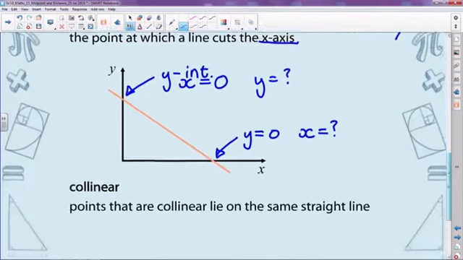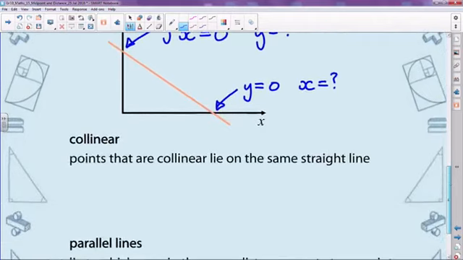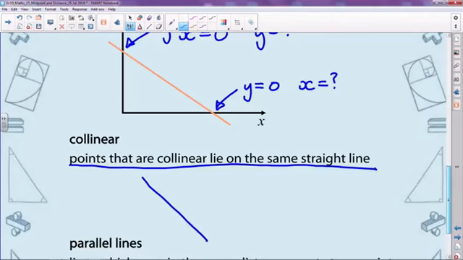Let's move down. Now collinear are points on the same straight line. There are different ways to calculate this. You can check that the gradient between that point and that point, let's call it m1, is the same as the gradient between that point and that point, m2. So m1 equals m2.